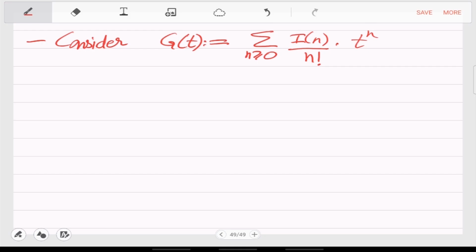As I said, it's not very clear why we did that, except that if all the In were 1, then it's e to the t. Then you can deduce that g of t is equal to e to the t.